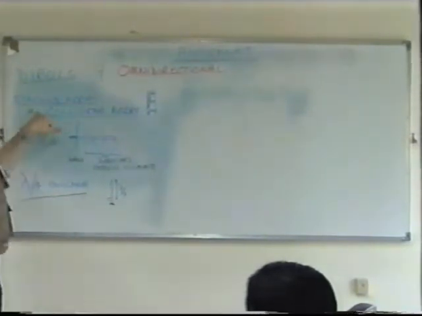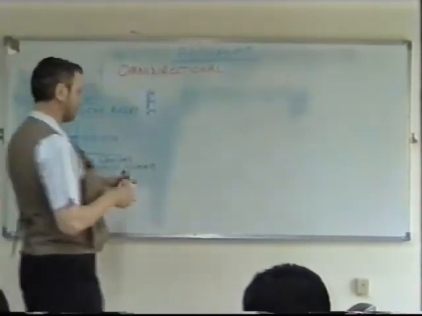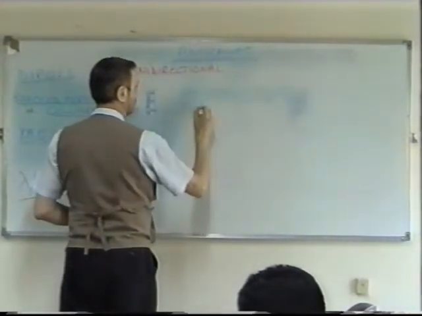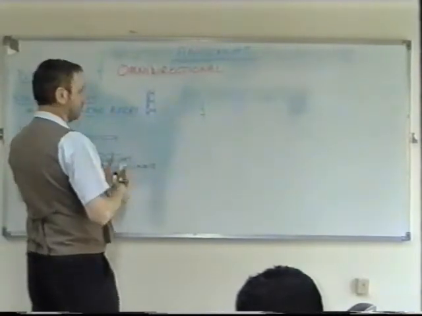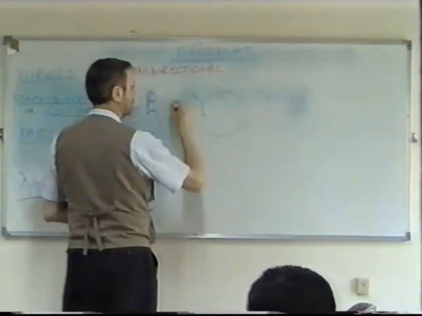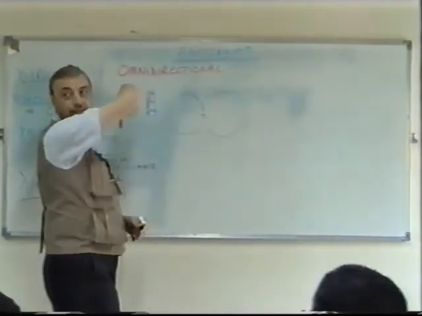So this is where the stacked array comes in. If this is your antenna, I'll just quickly draw it again here. Basically, the transmission from here is like this, all the way round.